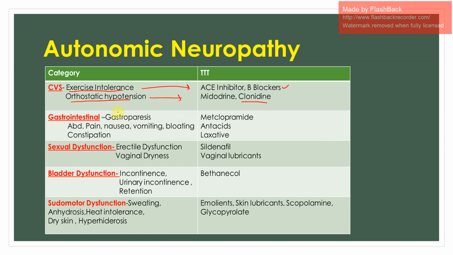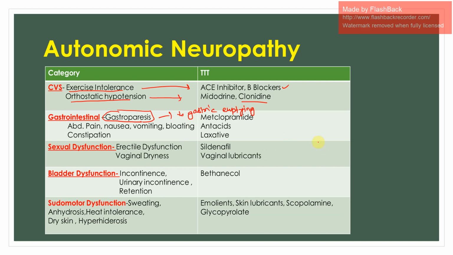In the gastrointestinal case, we have gastroparesis. Gastroparesis is delayed gastric emptying in spite of any mechanical obstruction. Because of the reduced tone of the GIT muscles, there is delayed gastric emptying in autonomic neuropathy.